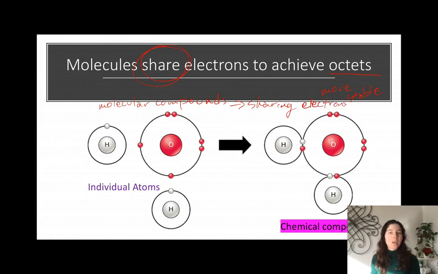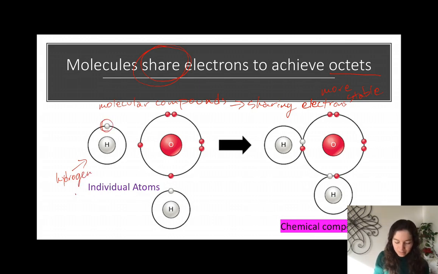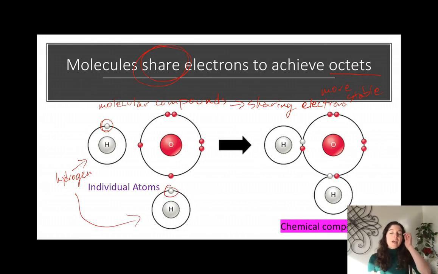This is water. We have our hydrogen atom here, and it has 1 electron. We've got another hydrogen here, and they each have 1 electron. Our oxygen, if we count, has 6. If we stick those electrons from the hydrogens onto the oxygen, now the hydrogen is sharing its electron with the oxygen, and the oxygen gets 8.